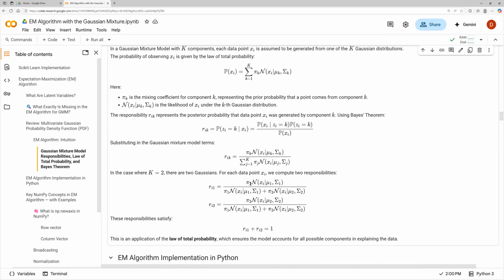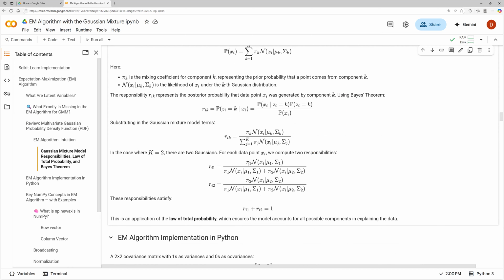R_i1, the first cluster's responsibility, is the mixing coefficient times this multivariate normal divided by the law of total probability, which uses pi 1 and pi 2 and their respective Gaussians. And the same thing with R_i2. What this ensures is that R_i1 plus R_i2 is equal to 1.